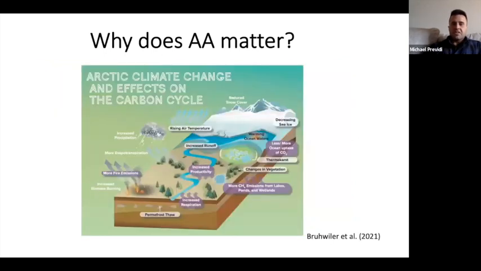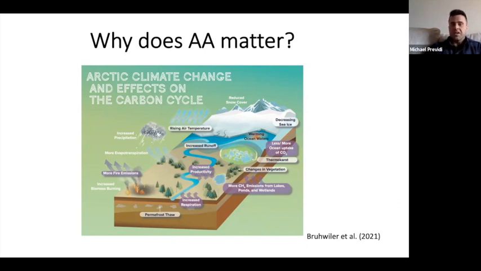A second reason that Arctic warming and sea ice loss matters is that it can have large effects potentially on the carbon cycle. And that's important because the exchanges of both carbon dioxide, CO2, and methane, CH4, between the ocean and the terrestrial biosphere and the atmosphere, those exchanges affect the concentrations of these greenhouse gases in the atmosphere.